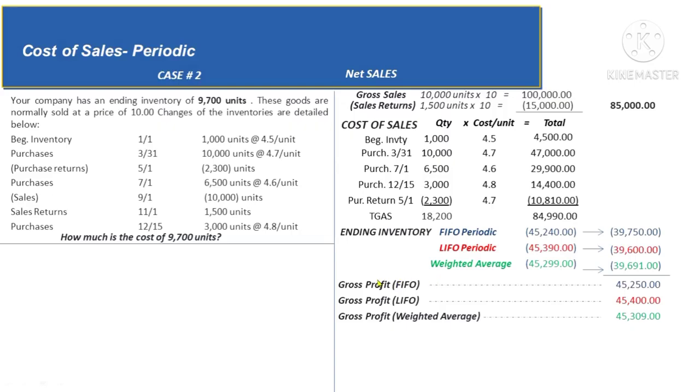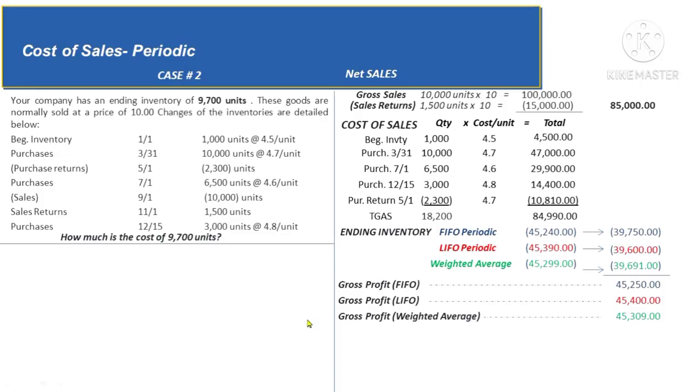Now, before we go to the next lesson, I would like to emphasize that the periodic inventory system is very dependent on establishing first the inventory end in order to compute the cost of sales and the gross profit, just like here. So again, the inventory end is extracted by doing the inventory count in the warehouse plus of course other inventories which will not be counted in the warehouse, minus of course the inventories consigned only by the other companies.